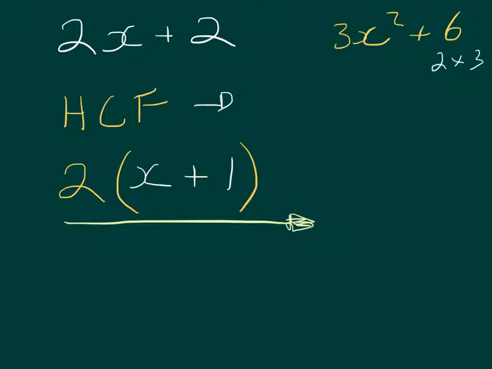So here we can see that there is a 3 in here and a 3 in there. So if we take the 3 out, I'm going to be left with x squared plus, and we said that factorizing was a division, so 6 divided by 3 gives me 2. Easy enough.